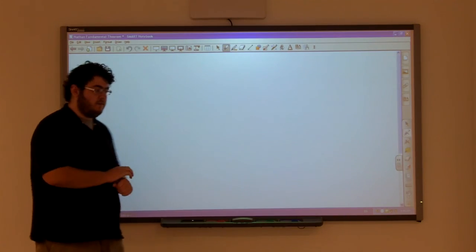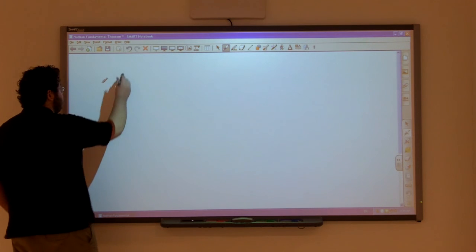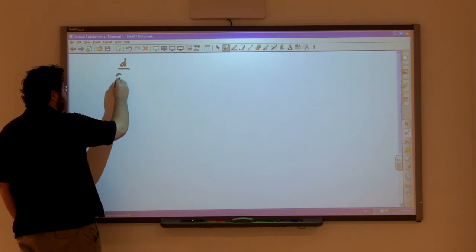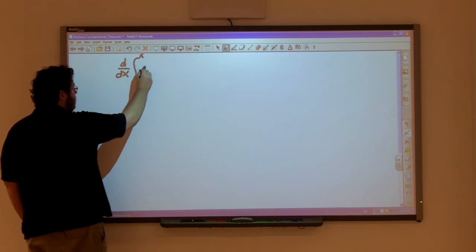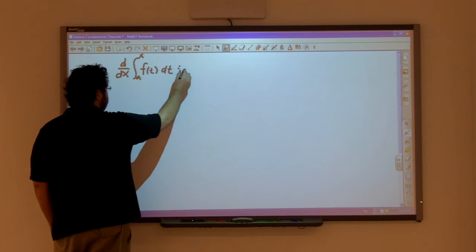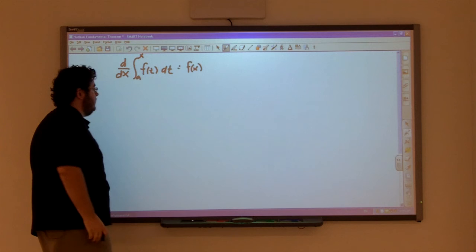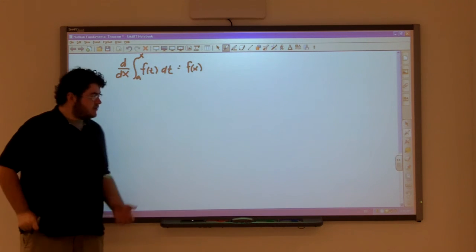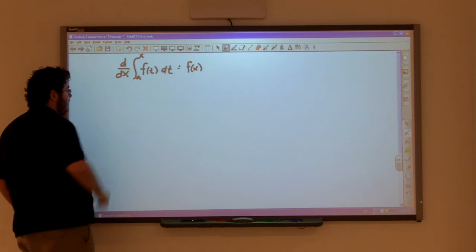Okay, so let's do an example of this second part of the fundamental theorem that we went over. Let's just write the second part down real quick. Let's do an example where it's not so nice that you just integrate from a to x.